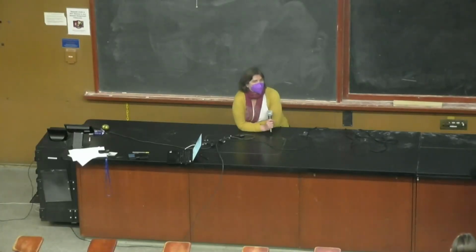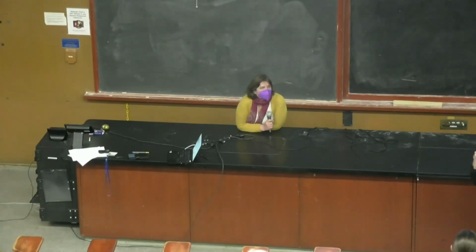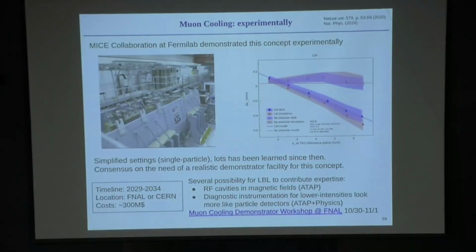It took muons, passed them through this absorber, accelerated them, and showed that in principle they could narrow down, reducing what they call the emittance, the size of the beam, and make it narrower and more uniform. This is what the plot shows: the reduction of emittance with and without absorber, compared to the simulation.